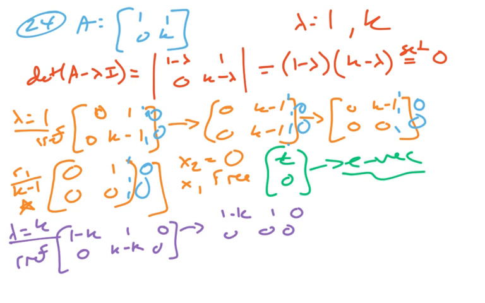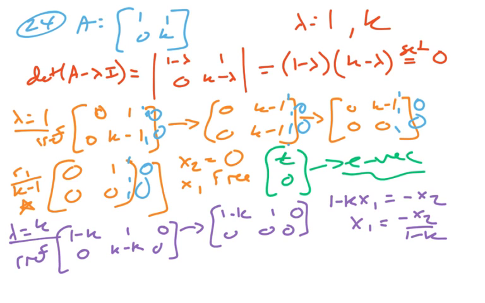What we get out of this is that (1 minus k) x1 needs to equal negative x2, or x1 needs to equal negative x2 over 1 minus k.